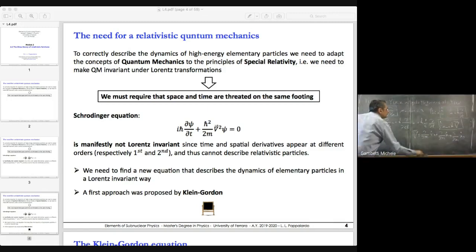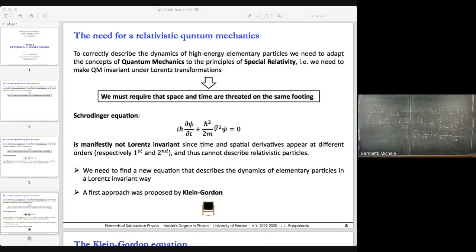Now, let's start again from the relativistic relation between energy, momentum, and mass. As we know, E is equal to the square root of p squared c squared plus m squared c to the fourth.